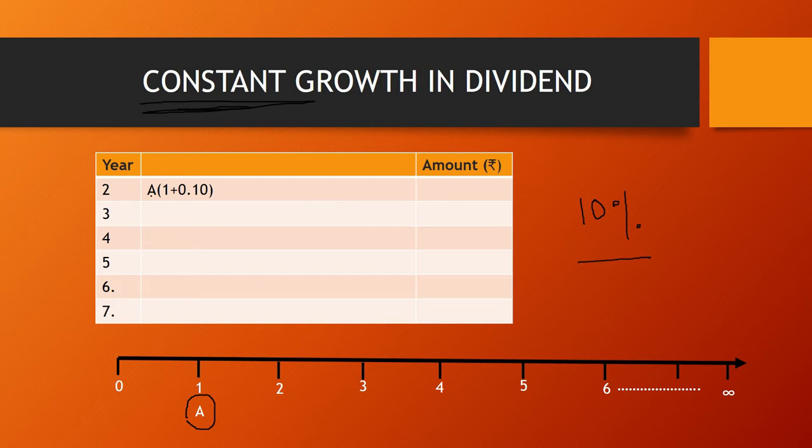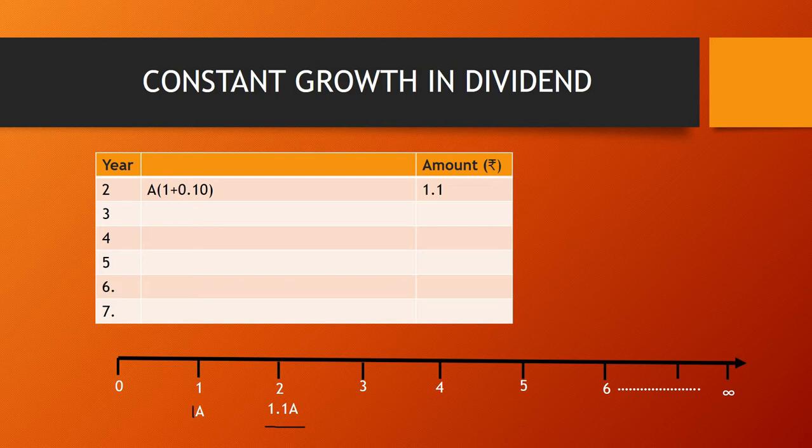In the second year I am going to get a plus 10% of a, which is a times (1 plus 0.10), coming out to be 1.1a. In the first year I am getting 1a, and in the second year I get 1.1a.